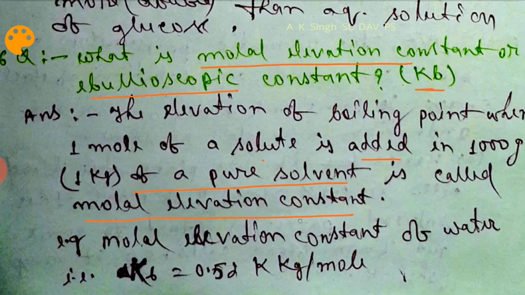You have read it in elevation of boiling point. For example, the molar elevation constant of water, that is Kb, is 0.52 Kelvin kilogram per mole, K kg mol^-1.